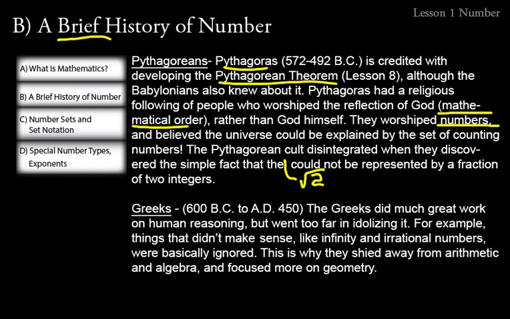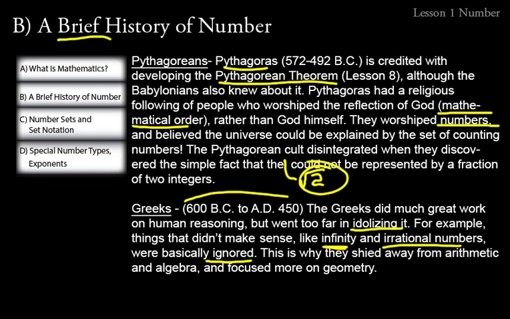The Greeks, from around 600 BC to AD 450, so about 1,000 years, did much great work on human reasoning, but they went too far in idolizing our brains and what we could think of. So if something didn't make sense, like infinity, or like the square root of 2, like irrational numbers, they basically just ignored them.